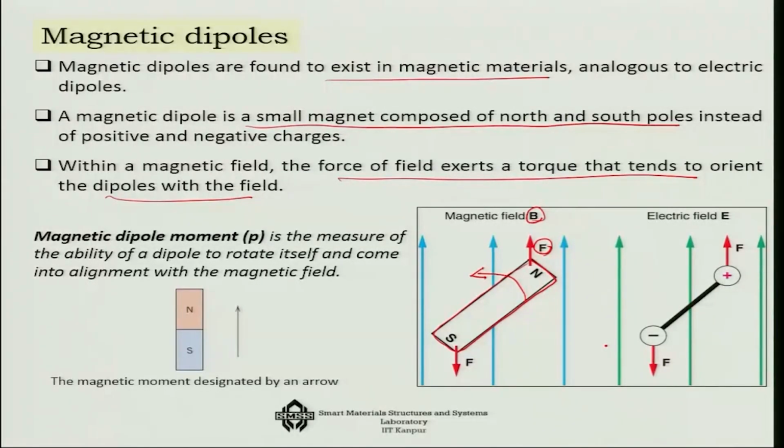Now it is very similar to the electric field based movement of the system. So magnetic dipole moment is the measure of the ability of a dipole to rotate itself and come into alignment with the magnetic field. The more readily it can do so, the more magnetic the material is. And we generally denote this magnetic moment by an arrow like this.